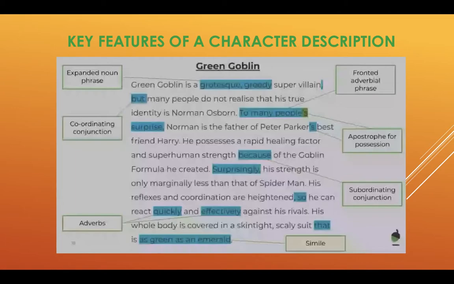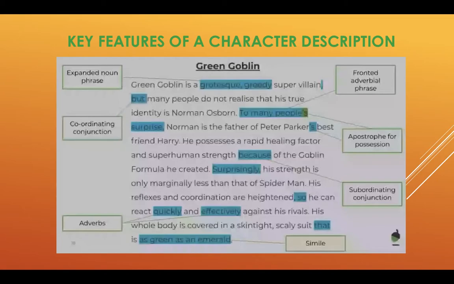Right. Here we have key features of a character description. So we've got the Green Goblin paragraph. And you can see that in the first sentence, Green Goblin is a grotesque, greedy supervillain, but many people do not realize that his true identity is Norman Osborn. So I've highlighted grotesque and greedy.